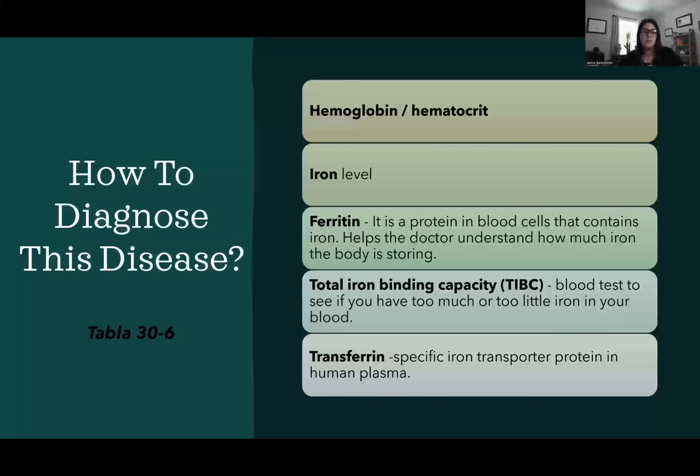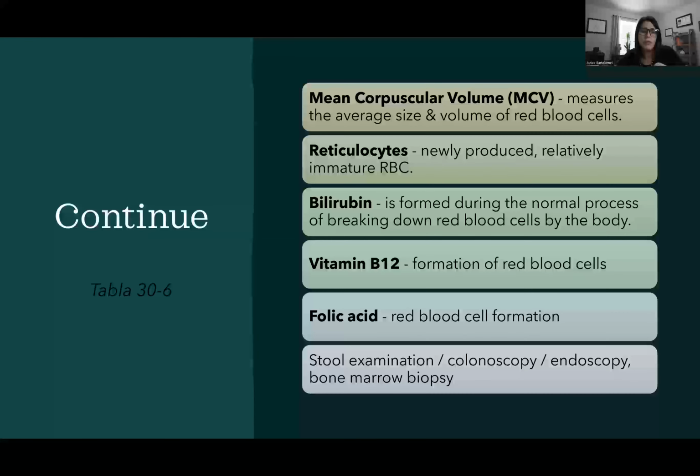And then transferrin is that specific iron transporter protein in the blood. So we want to see, well, maybe we don't have the protein transporter. That's a problem. So they basically run all of these to figure out where the problem is coming from. They're in table 36 of your book.